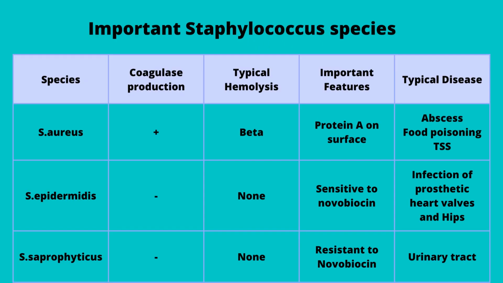So here is a summarized form of the three species, where Staphylococcus aureus is coagulase positive and the colonies are beta hemolytic on blood agar.